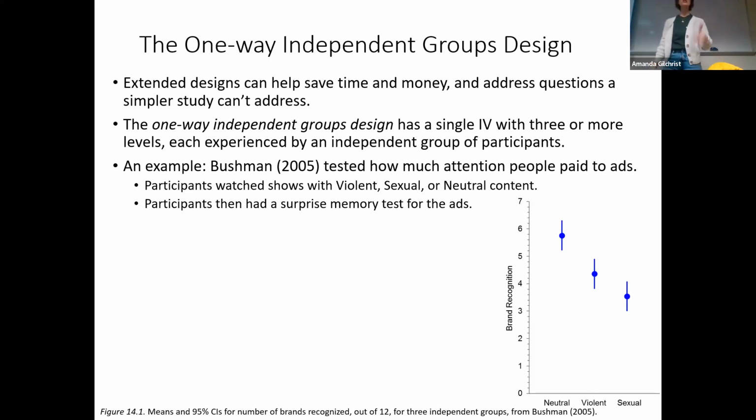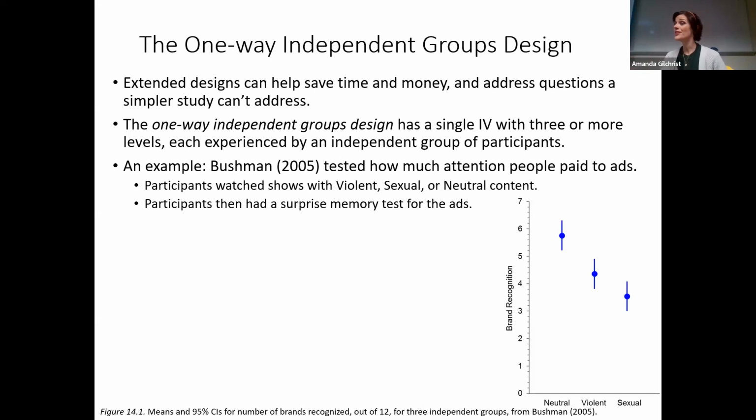So Bushman was interested in how much people would pay attention to ads based on the different content that they watched. So, would the type of content that you're watching make you more or less likely to pay attention to the advertisements? Bushman basically had 3 different groups of people, and each of those groups was watching a different show.